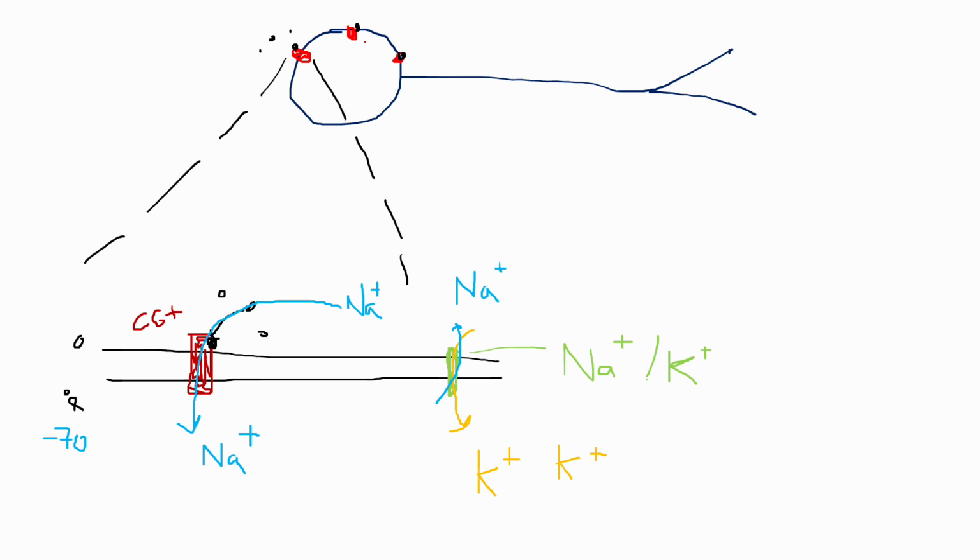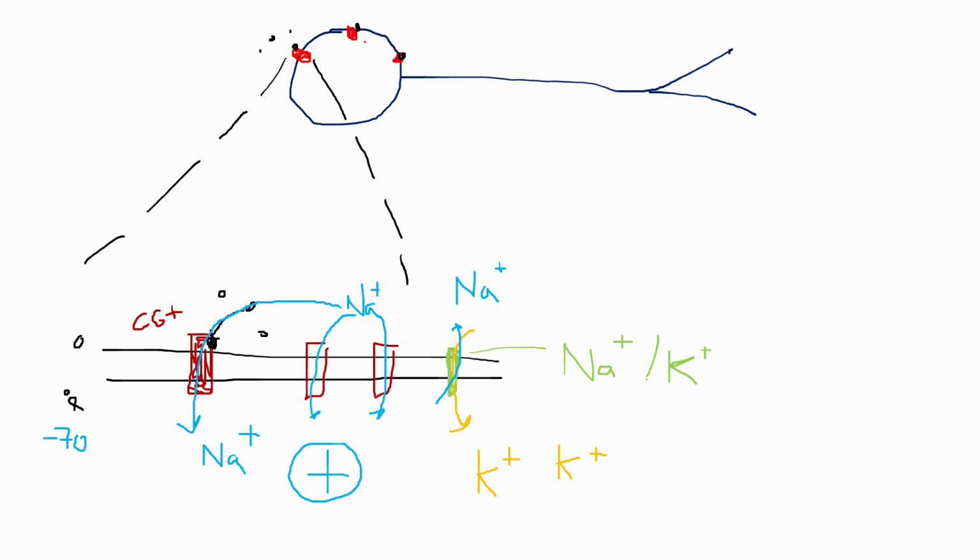That means we would have more of these opening out here, chemically gated cation channels leading to a greater influx of sodium, which is positively charged. So this is a depolarization, which is moving us closer to threshold.